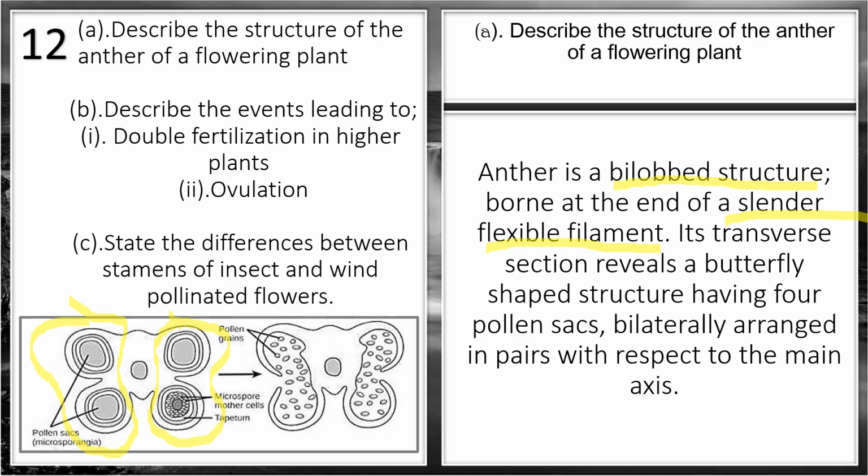Its transverse section reveals a butterfly-shaped structure having 4 pollen sacs bilaterally arranged in pairs with respect to the main axis. So when you look at it, it gives you a butterfly structure.